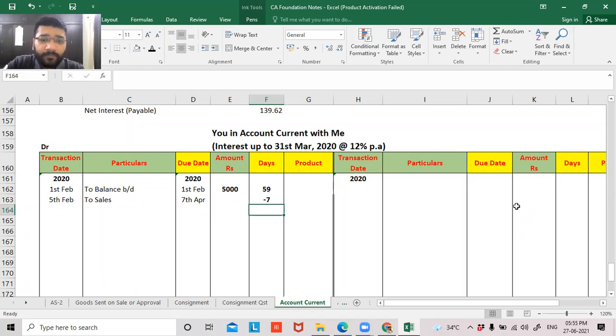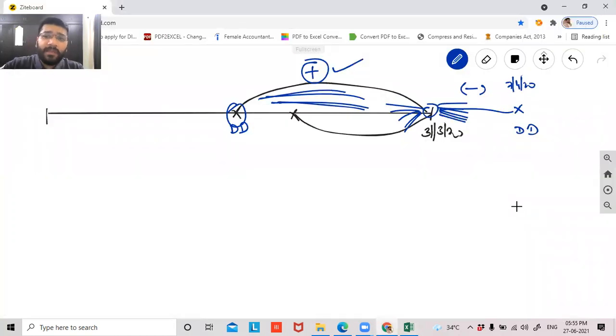Normally, so far in whatever questions we have done, the due date always used to fall before the account current statement date. The account current is prepared as on 31st March 2020, and the due date was always before 31st March 2020. Therefore, the number of days calculated was positive.